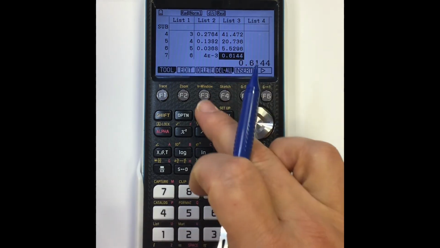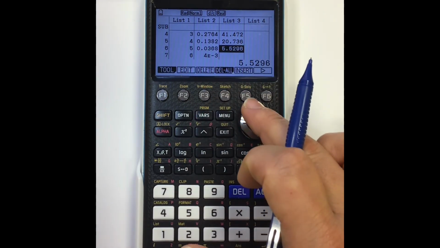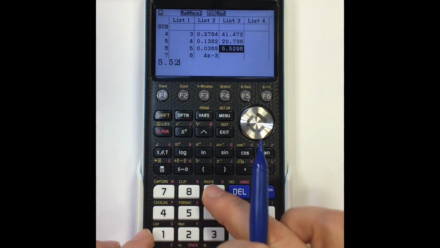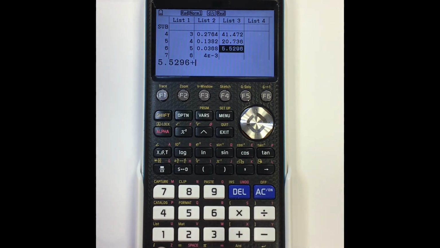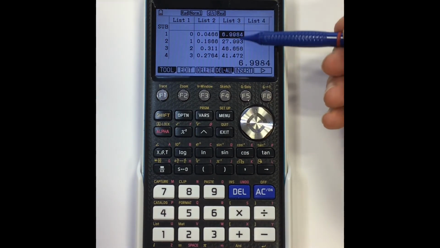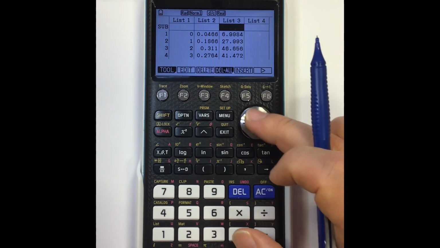I will add them up here: 5.5296 plus 0.6144.